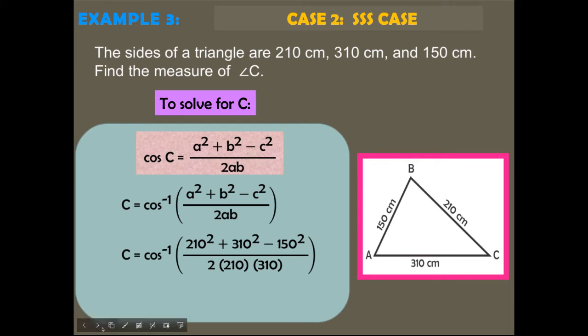So using your calculators, you will arrive at the value of angle C, which is 25.31 degrees or 25 degrees 19 minutes.